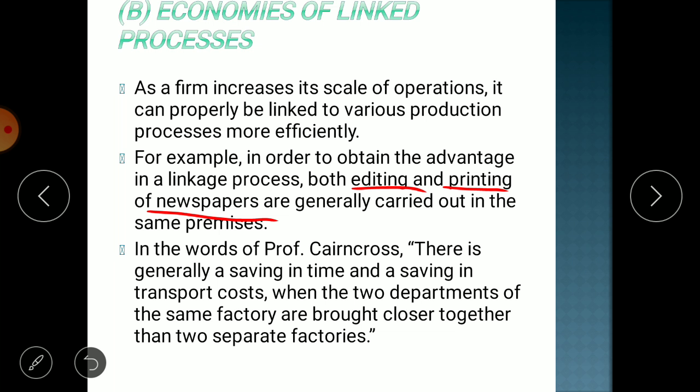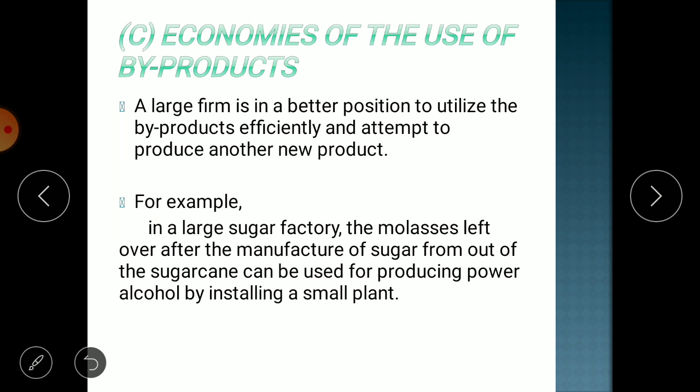So there is a saving of time if you are having both departments at one place, and secondly saving in transport cost when two departments of the same factory are brought closer together than two separate factories. So all in all, we can say that if we are having the process of production, then all the phases should be situated near to each other so that time can be saved and cost of transportation can be saved.